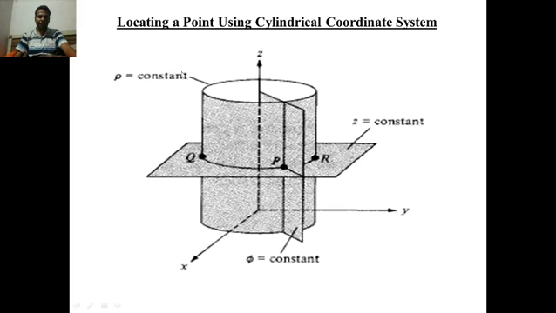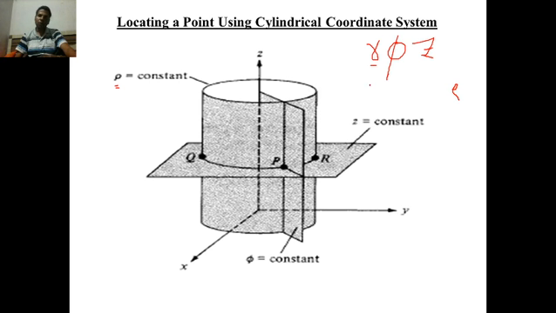Now here you can find that the cylindrical coordinate systems are denoted by three coordinates r, phi and z. Third coordinate is z. Sometimes this first coordinate r is written in this fashion by rho.